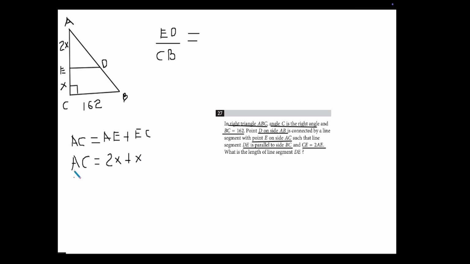We're going to have AC is equal to 2x plus x. Now we're going to simplify this equation. So we're going to have AC is equal to 3x. And now we're going to write that for our other side of the proportion that we have. So now we're going to say ED over CB is equal to EC over AC.